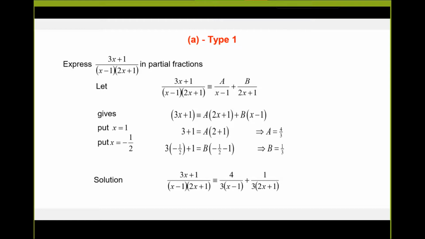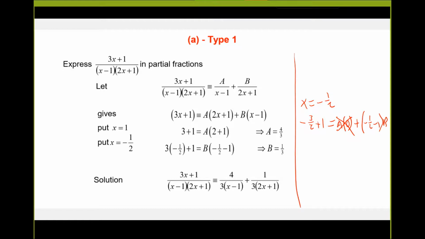my equation will become negative 3 over 2 plus 1 is equal to a times 0 plus negative 1 over 2 minus 1, times b. Okay, what I've just done is eliminated all of my a's. So now all I have is b's and a constant, and we can use that to solve for b.